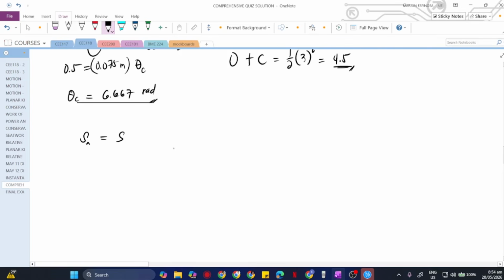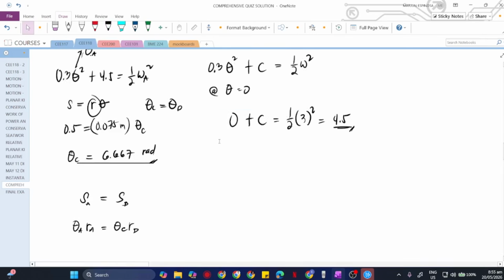So, itong part na to sa A, itong part na to sa block D. So, dito gagamitan natin yan ng angle θA tapos radius ng A equivalent to θC tapos radius ng C. Okay. Or simply yung θC or yung radius ng D. Okay, yung block natin. So, ano ba yung block natin?